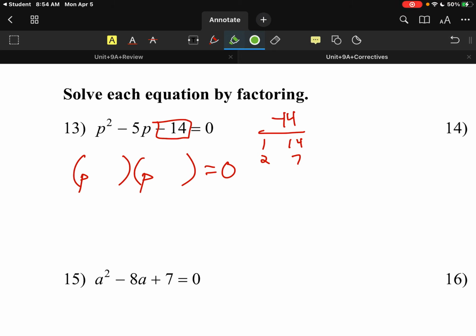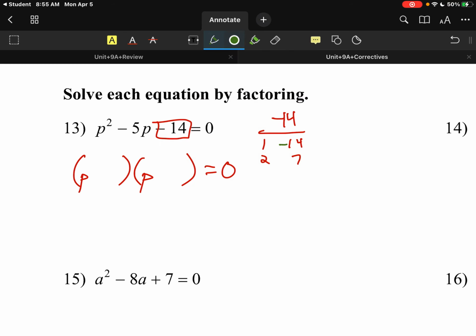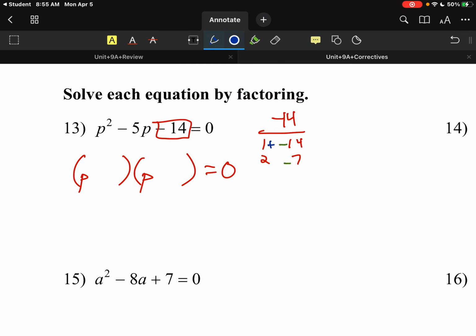If it's negative, your bigger number is negative, your bigger column. Okay, so then you add straight across. 1 plus negative 14 equals negative 13. 2 plus negative 7 equals negative 5. So these are our numbers. So plus 2 and minus 7.